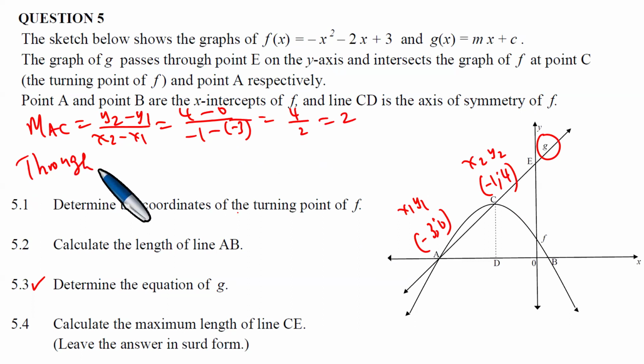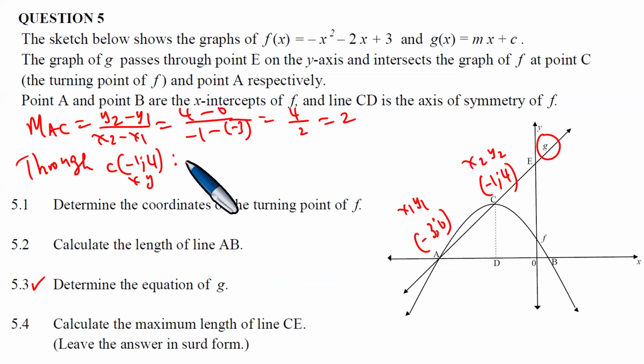Now this line passes through any of these points. You can use the point definition. We're going to choose C with the coordinates -1 and 4.